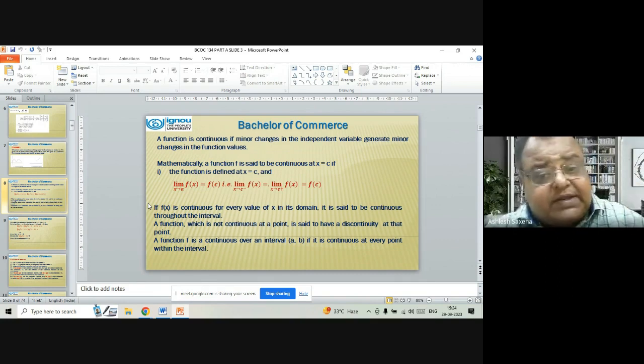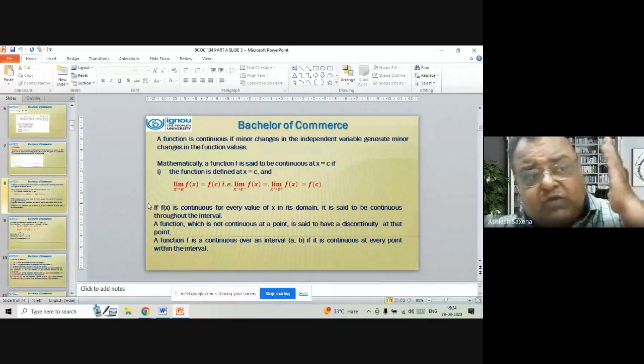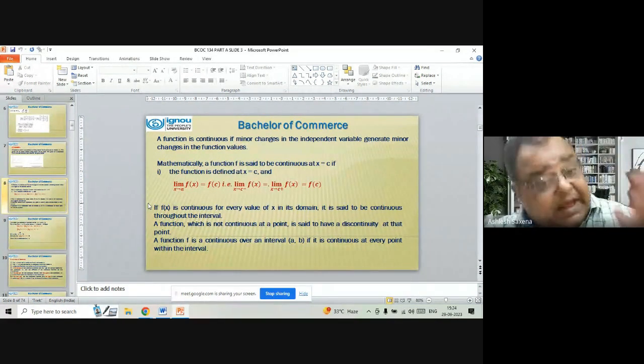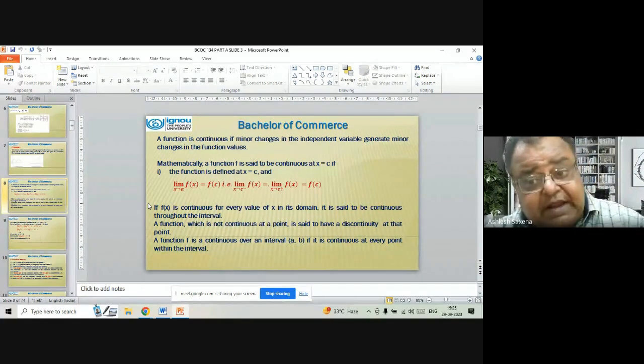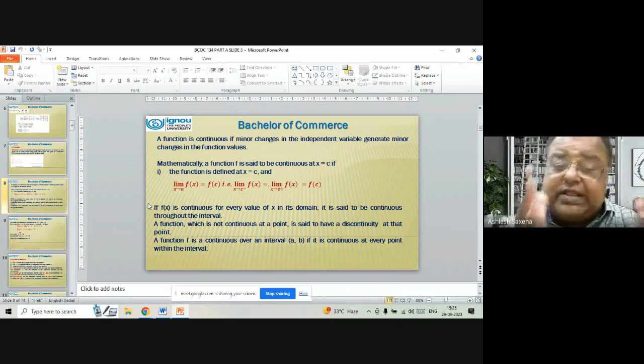If f(x) is continuous for every value of x in its domain, it is said to be continuous throughout the interval. A function which is not continuous at a point is said to have a discontinuity at that point. Third, a function is continuous over an interval (a, b) if it is continuous at every point within the interval.